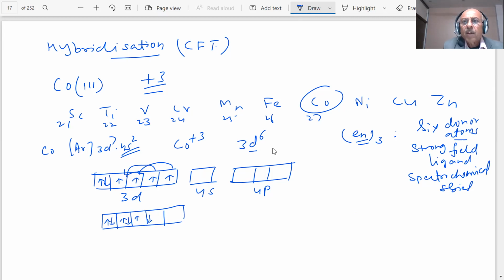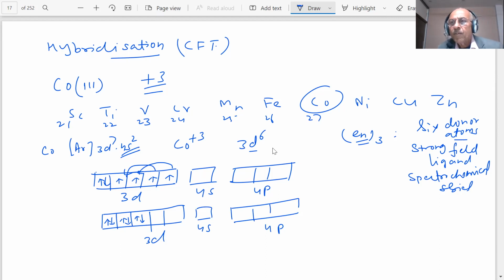When this gets paired up, students, you have 6 electrons. Then you have this 3d, this 4s, and this is our 4p. So now you need 6 vacant hybrid orbitals. So what hybridization is taking place here?